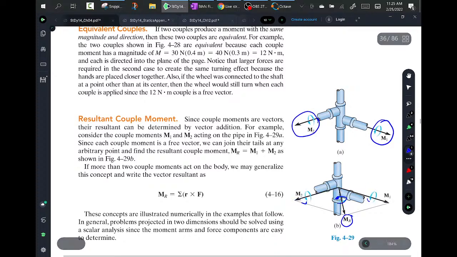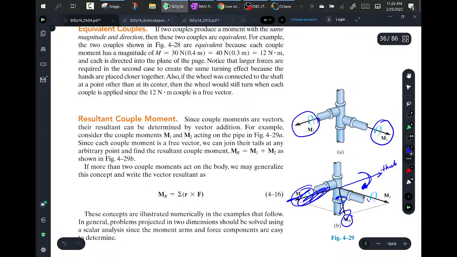So if this were a negative, it would go this way, and the couple would go like that. So you would point your thumb this way, and rotate the fingers of your right hand this way. And in that case, if this didn't exist, then the resultant would be off in that direction.